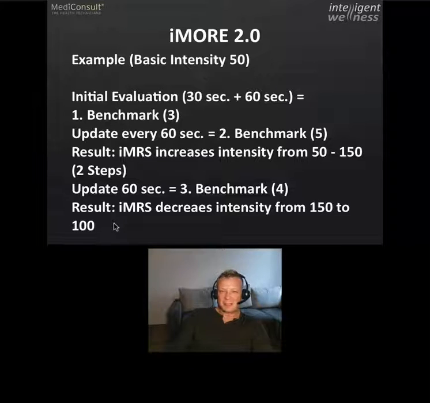So this is actually the cool thing about imore 2.0, that you can utilize the entire intensity range, and the system always adjusts the intensity directly to the response of the autonomic nervous system. So it makes it more effective, and it also makes it easier for you to use the IMRS with a proper setting.